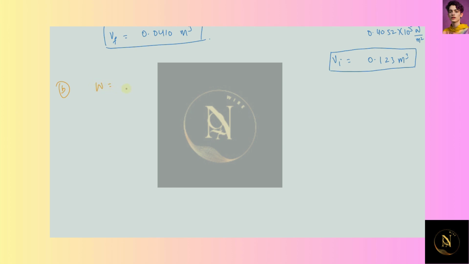Work done in an isothermal process is given by minus nRT natural log V final by V initial. n is 2 mole, R is 8.314 joule per Kelvin mole, and temperature is 300 Kelvin, times natural log of 0.0410 meter cube divided by 0.123 meter cube. Simplifying, we get 5.48 kilojoule.